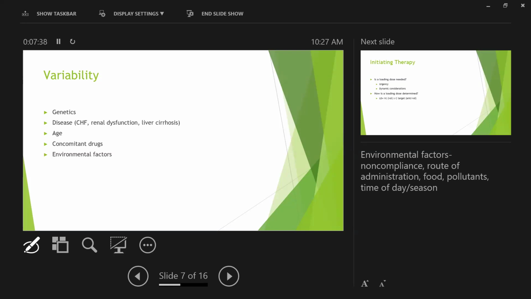Environmental factors like diet and smoking and air quality also can affect your pharmacokinetics and pharmacodynamics, what you eat. So diurnal variation, etc., all add to the variability that we can see in our patients.